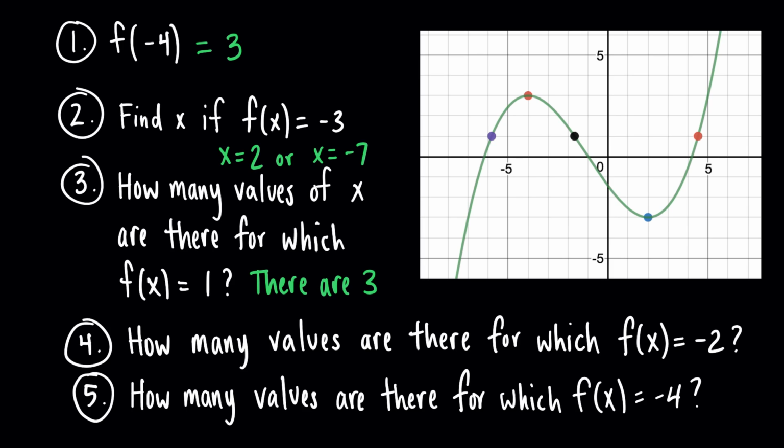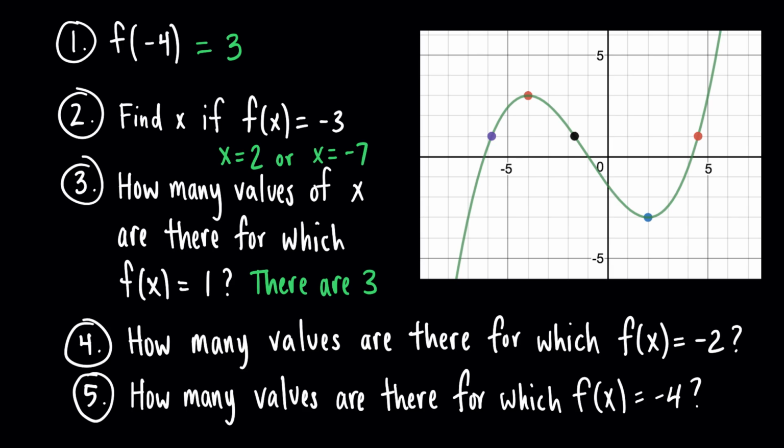Number 4, how many values are there for which f of x is equal to negative 2? It's kind of implied here, but it doesn't say how many x values are there for which f of x is equal to negative 2. So let's look. Where is f of x negative 2? Sometimes I just imagine a line here.